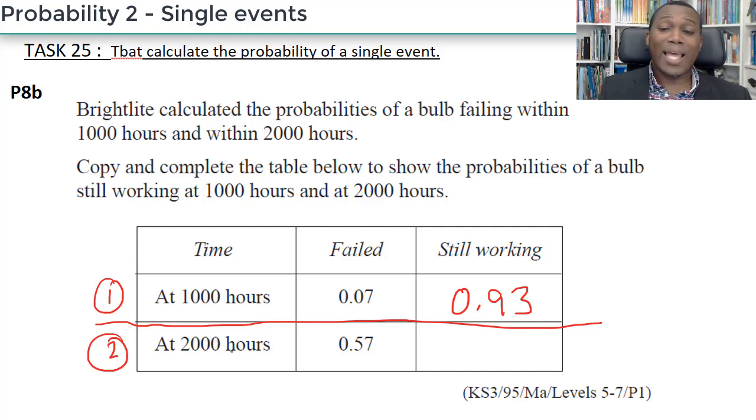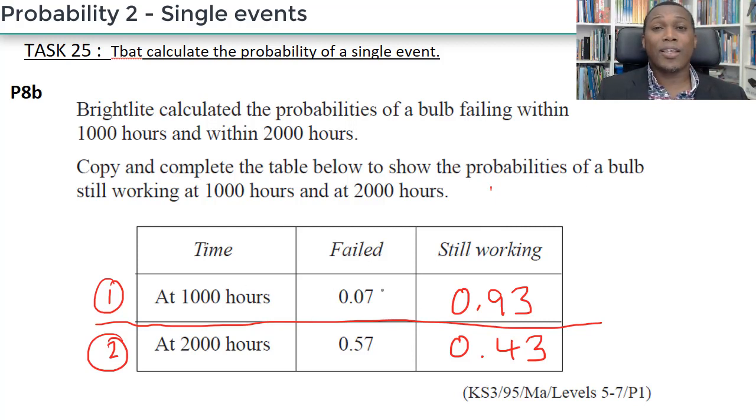At 2,000 hours, if it's failed, there's a much higher likelihood of failing, 0.57, then the chance it's still working is 0.43. Because the probabilities have to add up to 1. What's happening at 1,000 hours has to add up to 1. What's happening at 2,000 hours has to add up to 1.